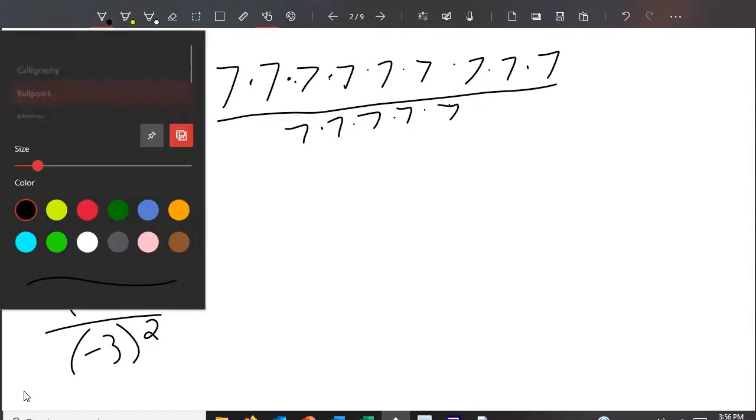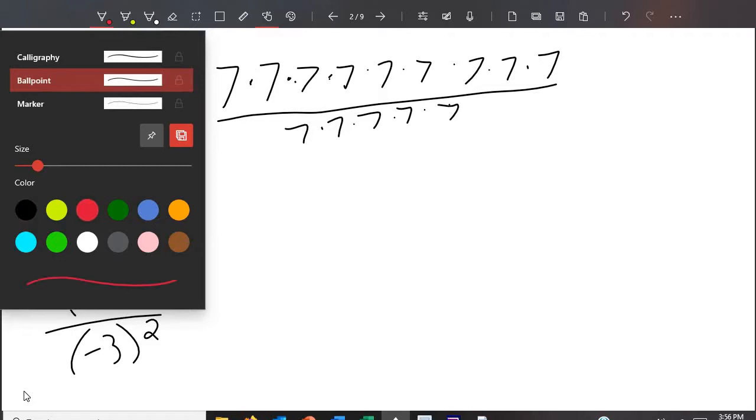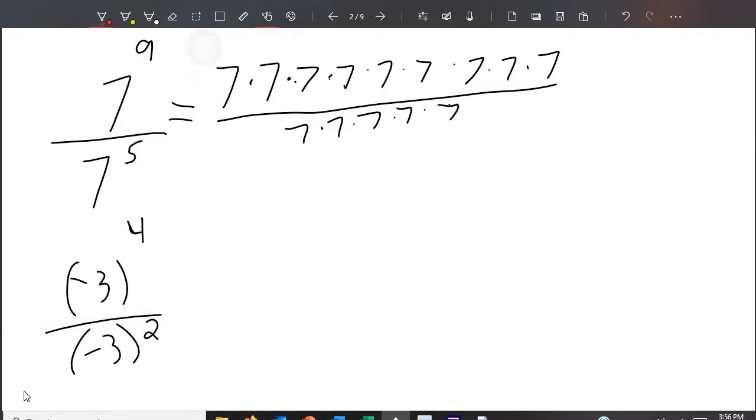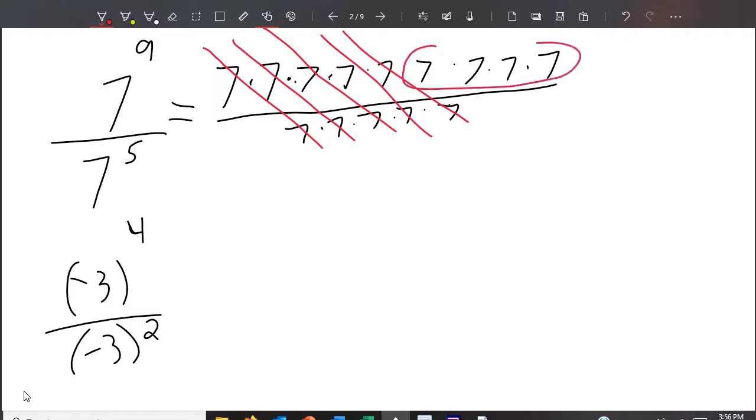In order to simplify this, what we can do is cross out a 7 with a 7 on the bottom and do that until all the sevens in the bottom are gone. Now notice up top I've got sevens left over, and I've got 7 to the 4th power.